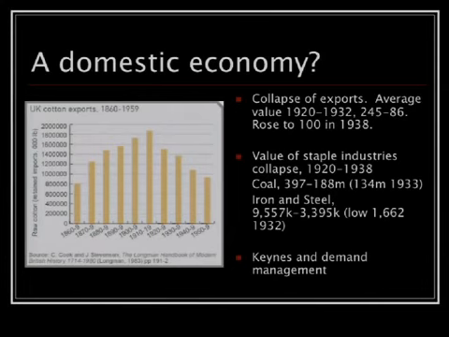Then some specific examples. You have here in the graph the example of the cotton industry. Again, this is mapped from 1860 through to 1950. So the point that you really need to get is from 1919 down to 1939. Okay, a slow, steady decline in the principal export industry of Britain. You also have the decline of the value of the key staple industries.